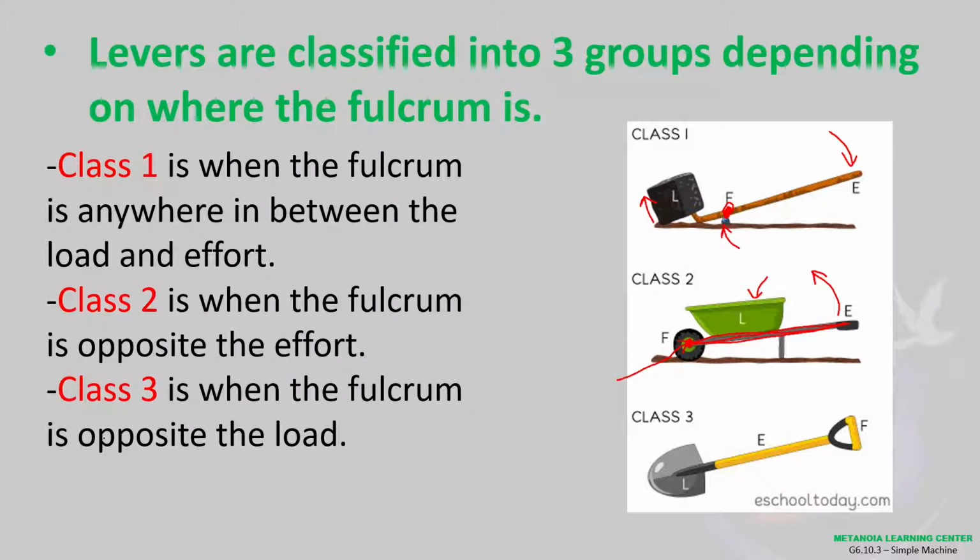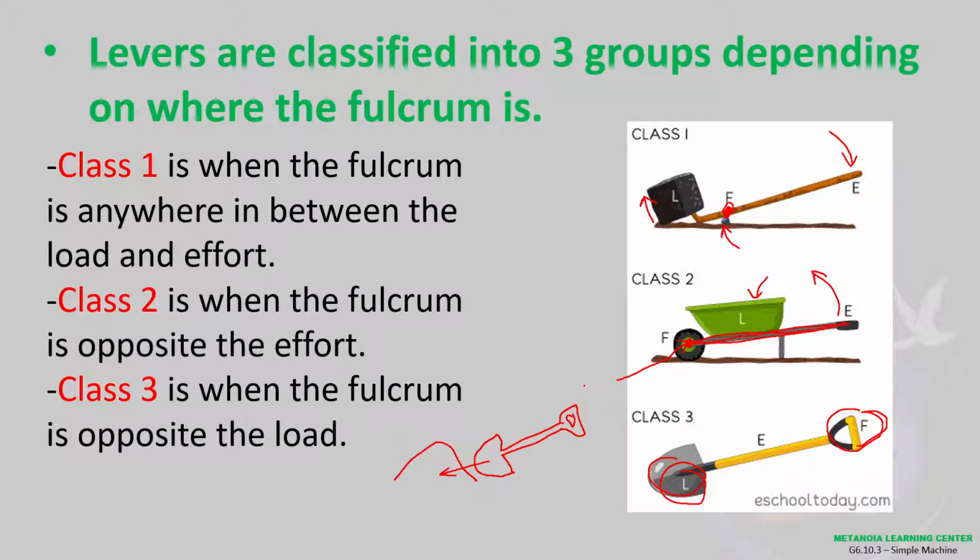So, another example is yung class 3. Class 3 is when the fulcrum is opposite the load. The fulcrum is here. And the load is here. So, basically, opposite sila. And if you notice, if there's like a pile of sand, and if you're going to make use of a shovel, 'di ba when we lift, may load tayo, for example, you're going to shove it here sa pile of sand.